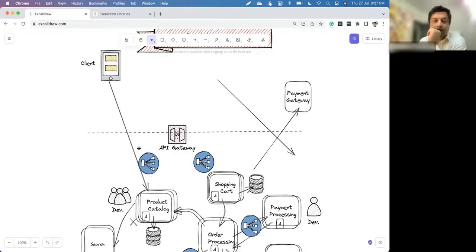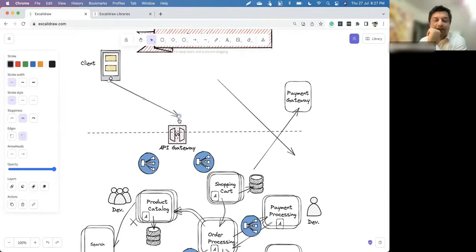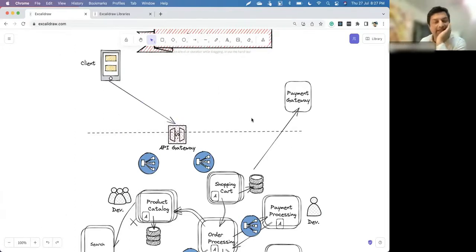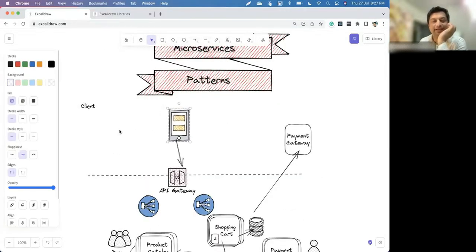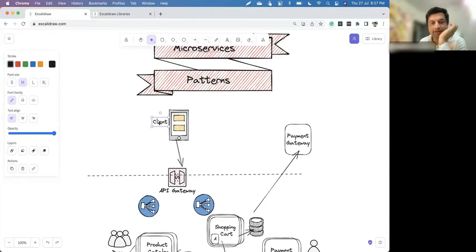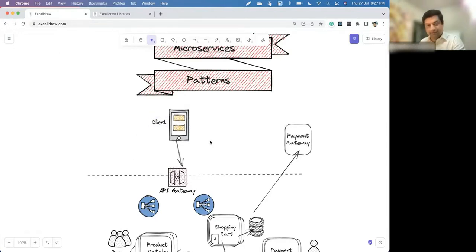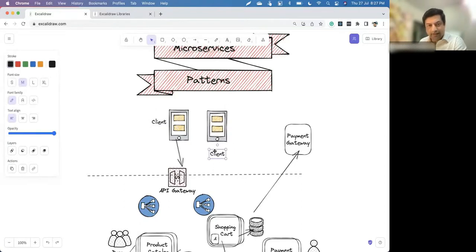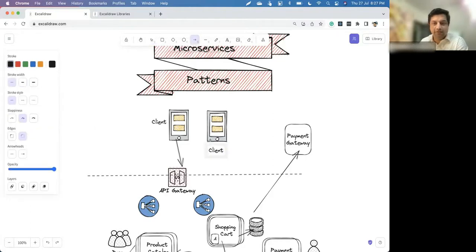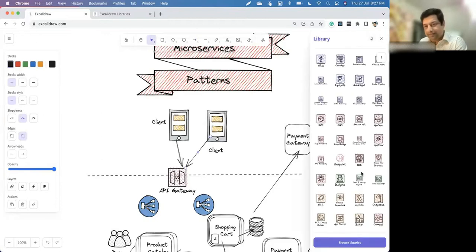Rather than everyone calling individual services, which would be very complicated for the clients, because you may have different client applications. Maybe you will have an iOS client, an Android client, and also a browser-based client.